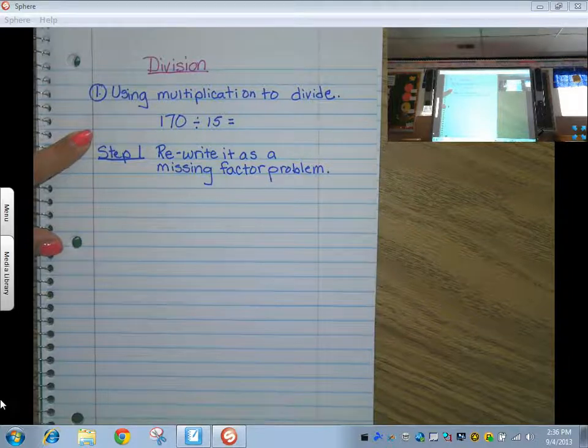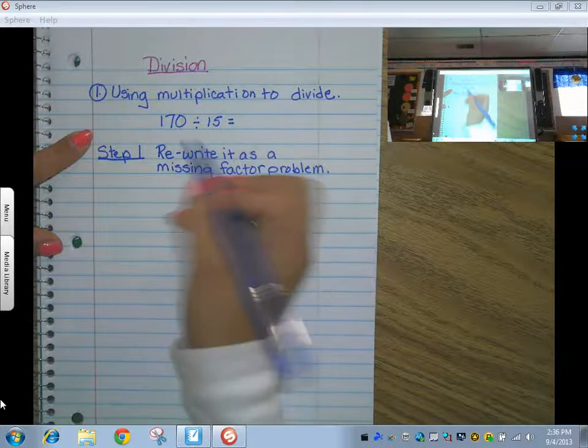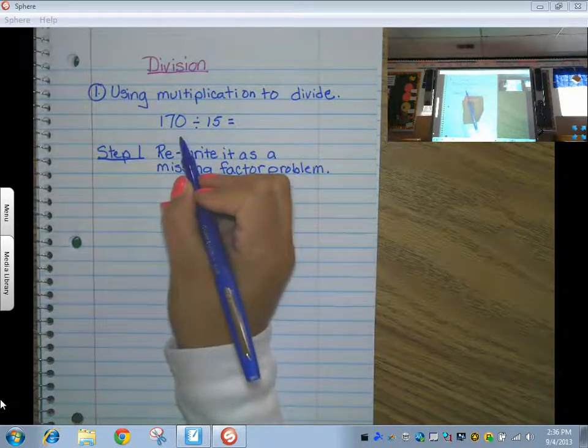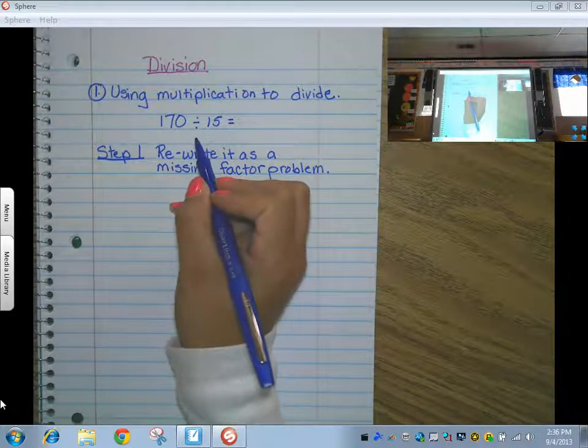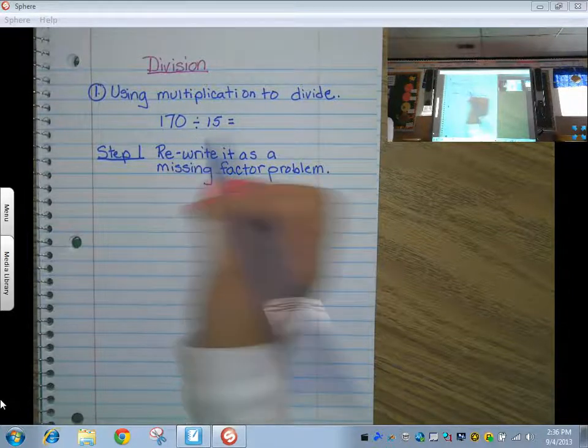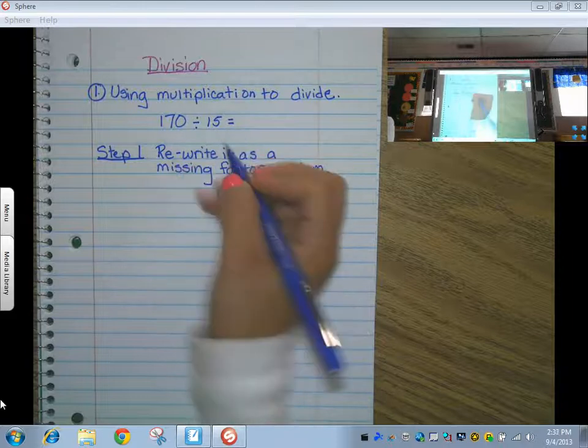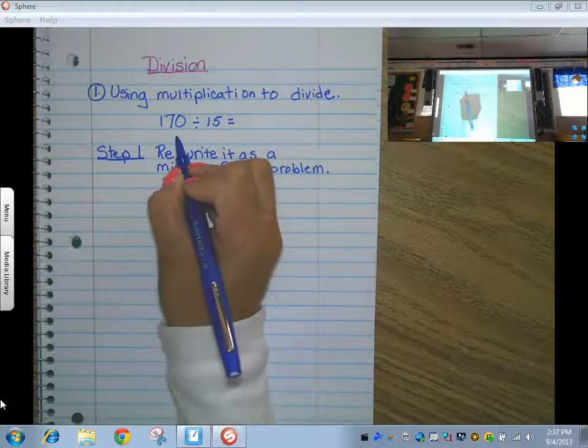So you're going to think to yourself, what would I multiply, or how can I flip this around? So, looking at these, the bigger number would be your answer, right? So you're going to think to yourself, 15 times blank equals 170.